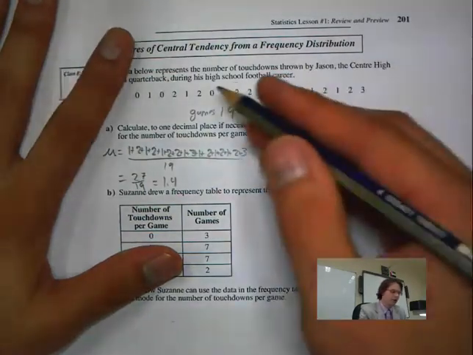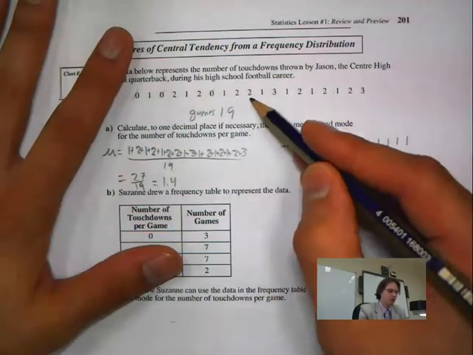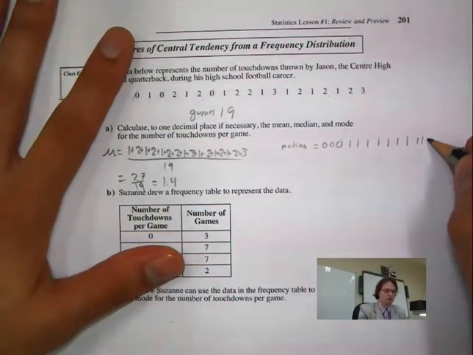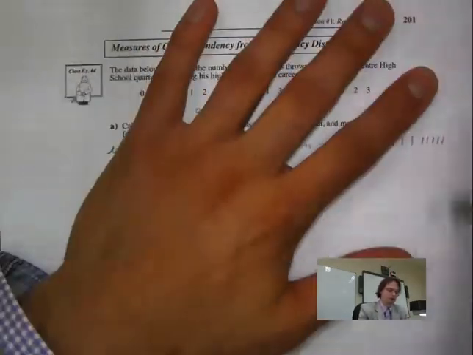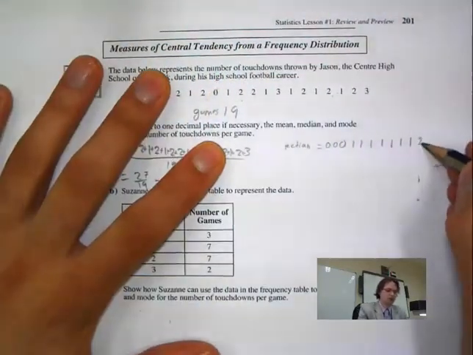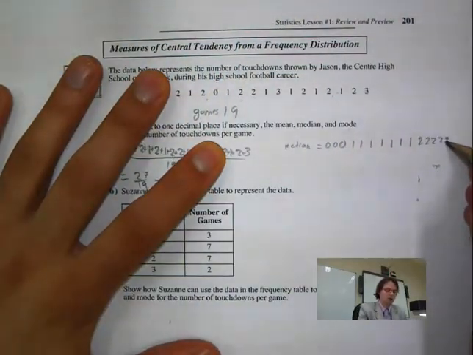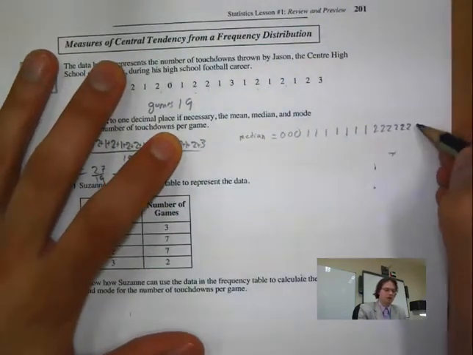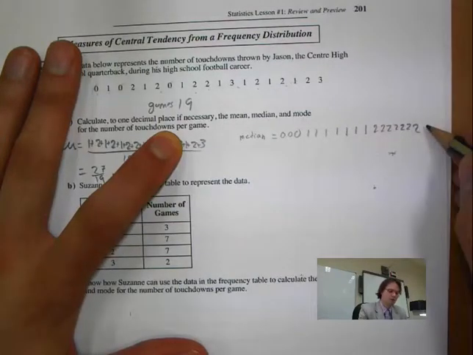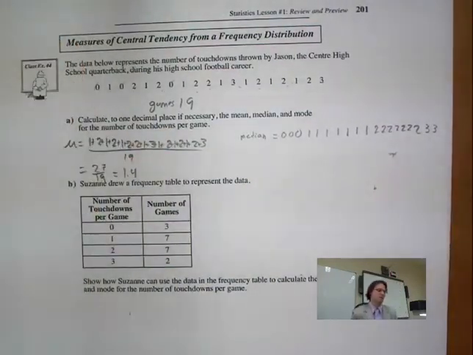And then we have 1, 2, 3, 4, 5, 6, 7 twos. And we have 2 threes. So that gives us 19.